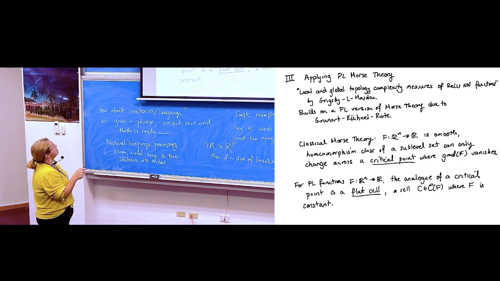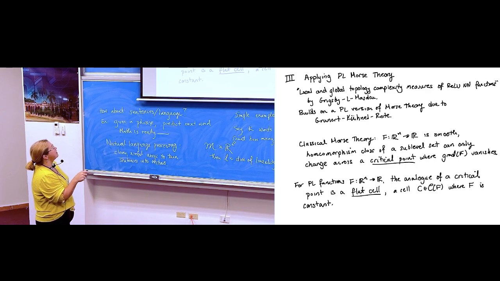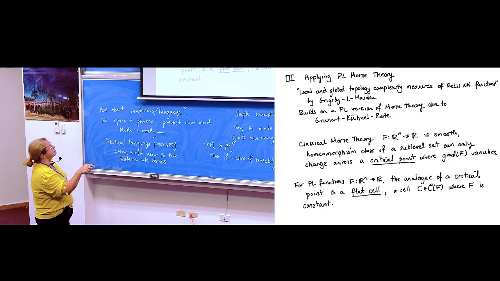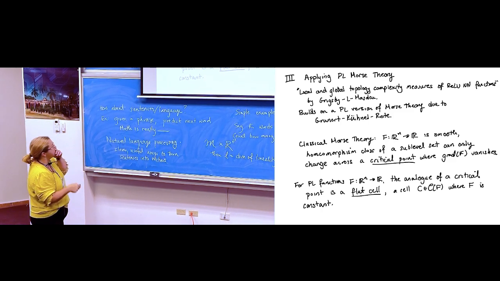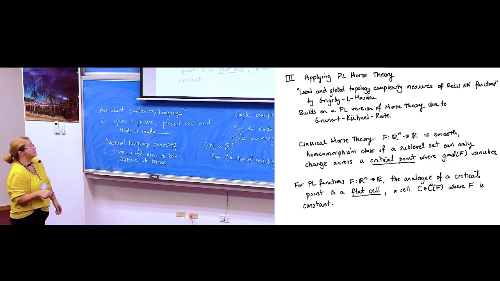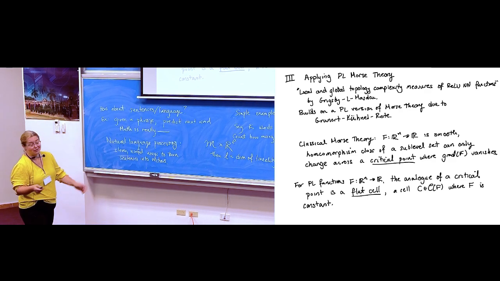And so what we did was build a version of PL Morse theory, we enhanced a version of PL Morse theory that was created by, I'd say, Grunert, Kuhnel, and Roth. So I'll just briefly say a couple words about PL Morse theory. I know you all know a lot about discrete Morse theory, which is probably very applicable.